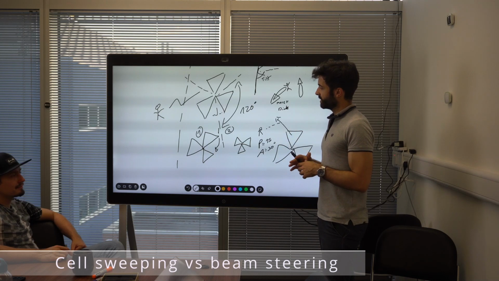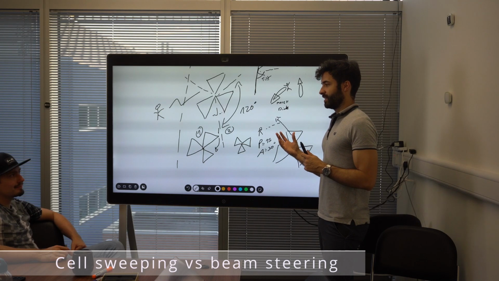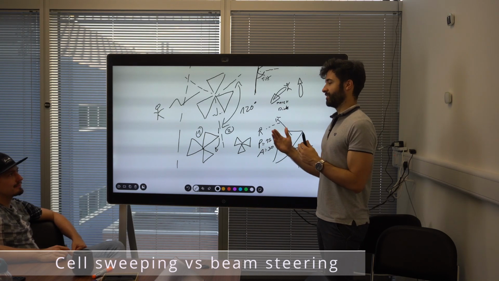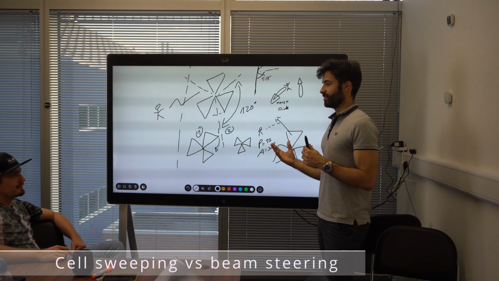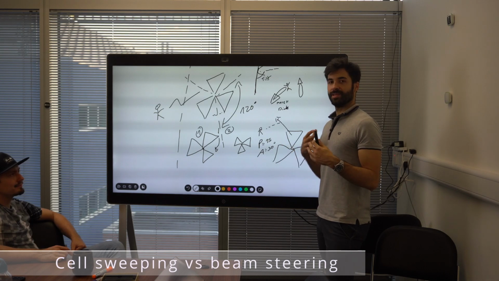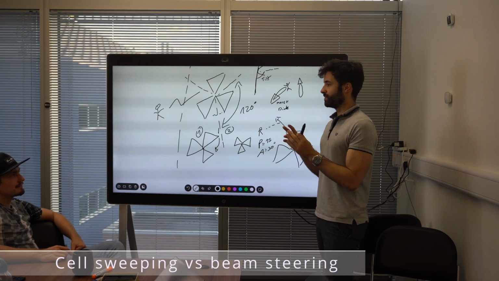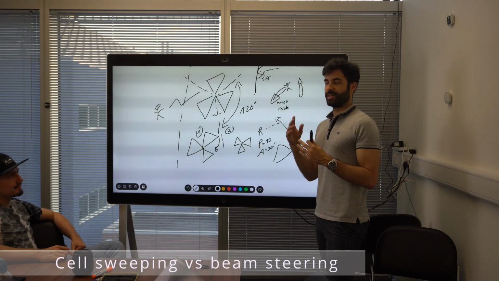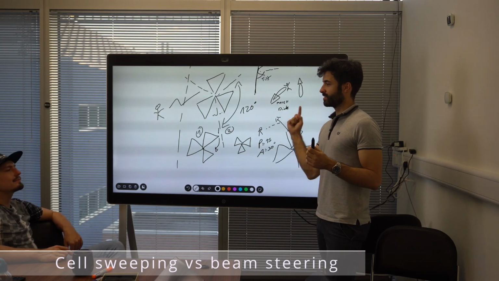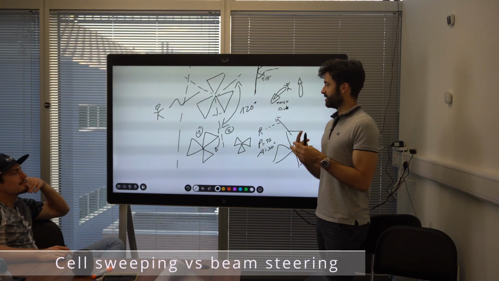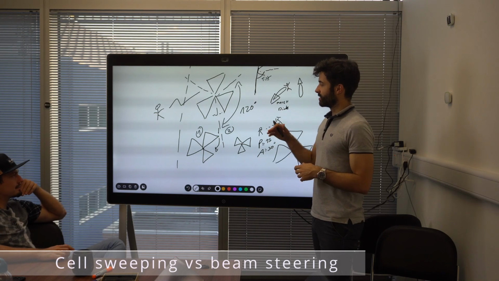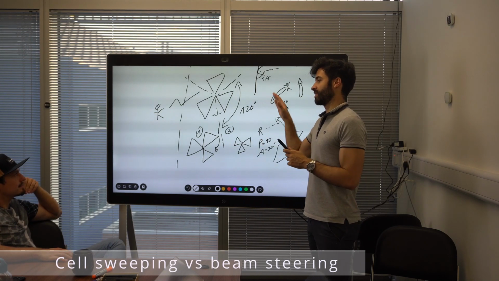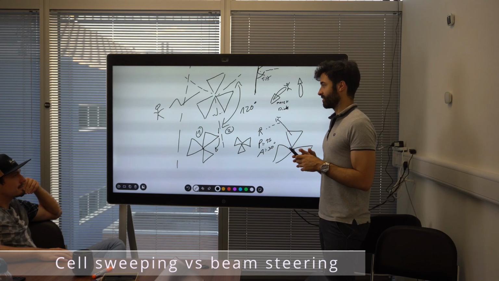So with cell sweeping, we aim for a much simpler deployment. Okay, so it's different. It's a blind sweeping. We don't need to know where the user is. We don't want to make changes in the BBU. We just want to sweep the beam. It could be almost like a radar system where the signal just goes around, and we just need to serve the users when the center of the sector is pointing in their direction.